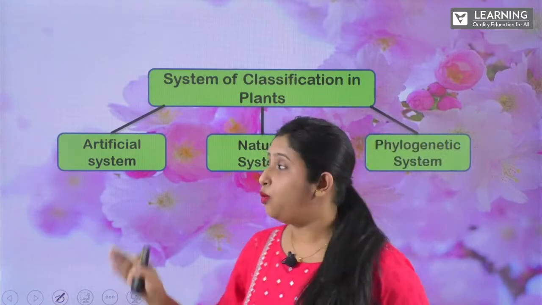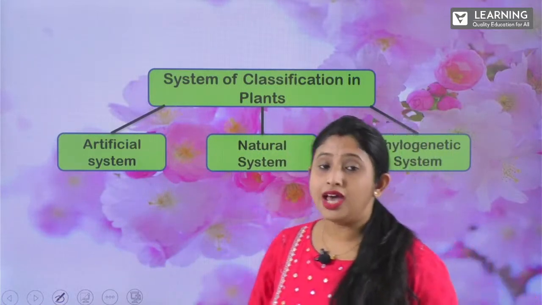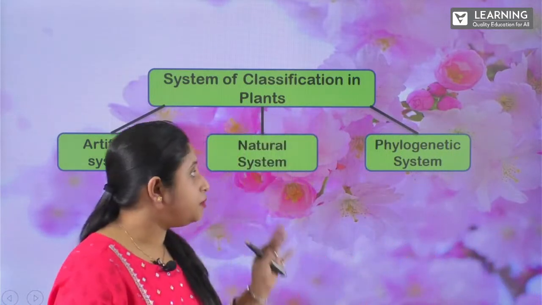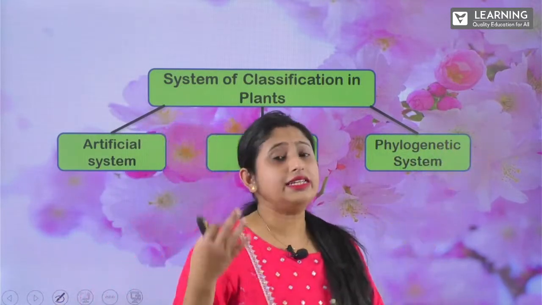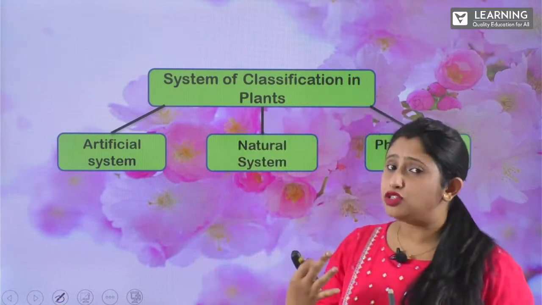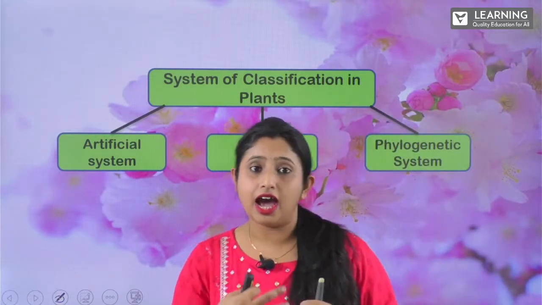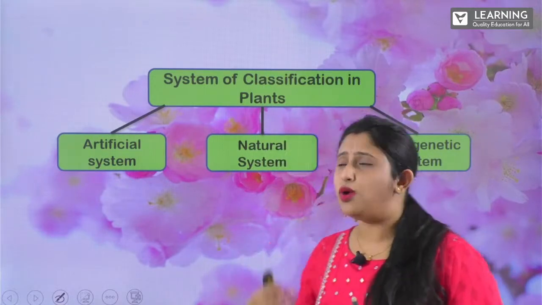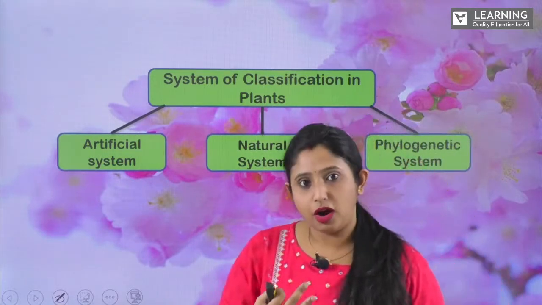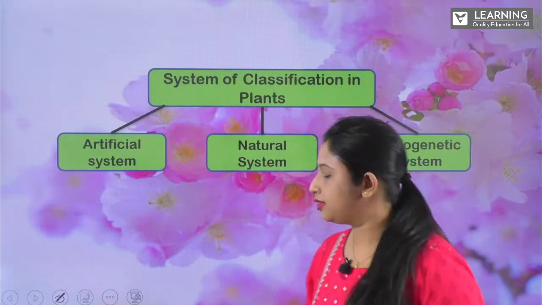One is the artificial system, the second one is the natural system, and the third one is the phylogenetic system. So these are the 3 categories on the basis of which different scientists have classified the plants. Clear? Now we will see one by one in detail about these various systems.